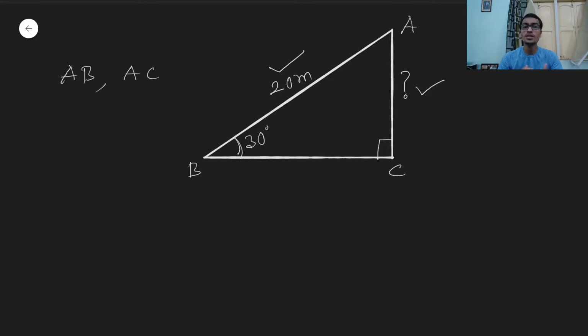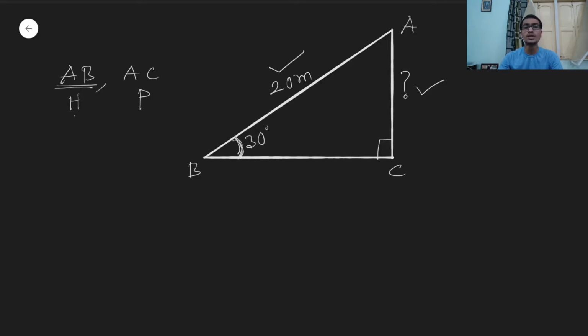Actually AB is known and AC is our question, so we have considered these two sides, and our considered angle is angle ABC, which is 30 degree. So with respect to that angle, AC is our perpendicular and AB, obviously, is always the hypotenuse. So here we have hypotenuse and perpendicular. So we will think about what ratio we should use so that we can solve the problem.